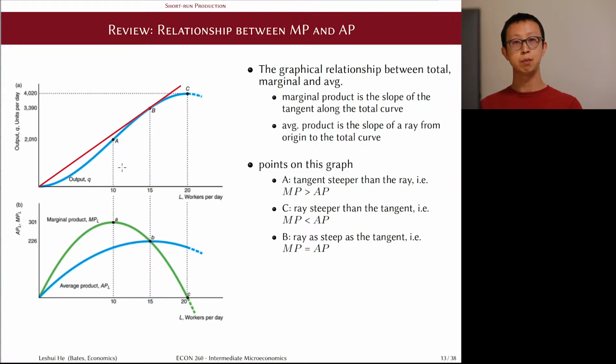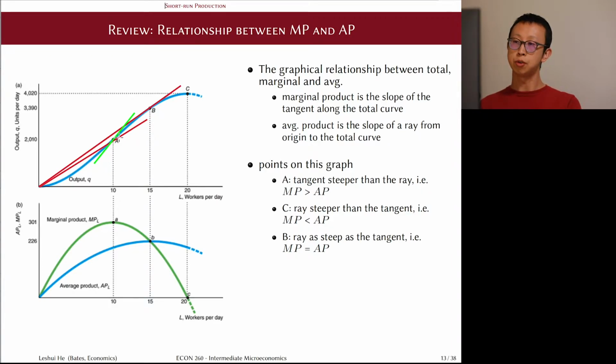If we look at any point towards the left of point B, let's say point A here, the tangent line at point A is steeper than the slope of the ray from the origin. If I draw a tangent line at point A, it will probably look something like this, which is steeper than the ray from the origin.